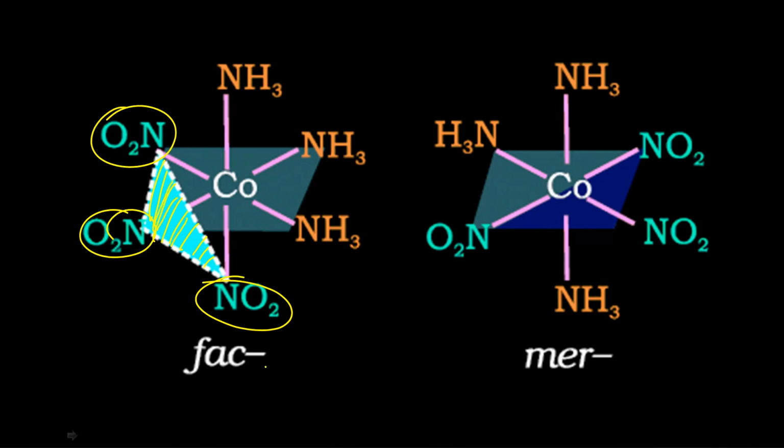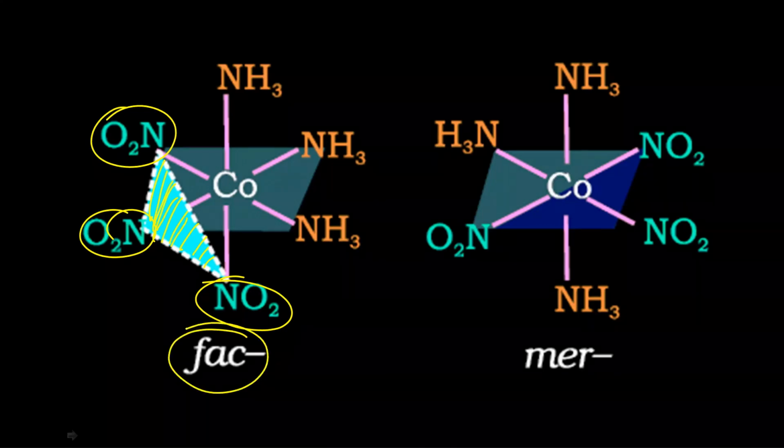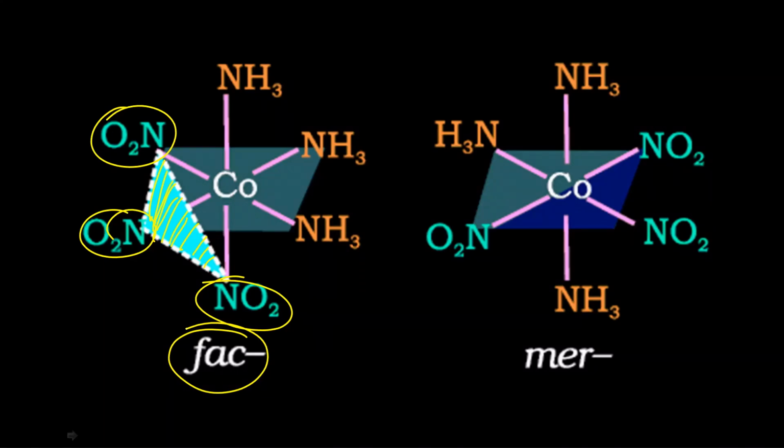That's why FAC. FAC is the abbreviation for facial. Another one will be here. It will form the meridian, means the plane. It will be in the plane. So here if you see NO2, NO2, NO2, these are in the plane.